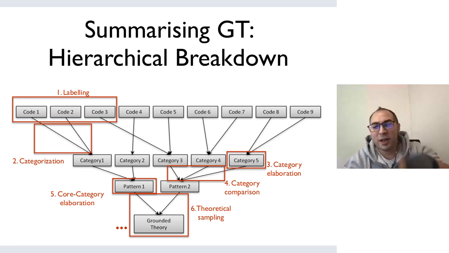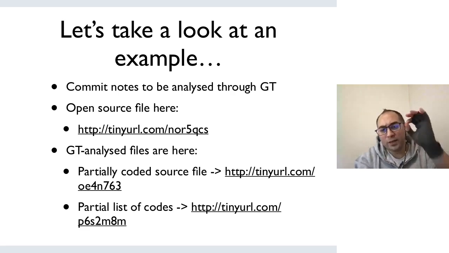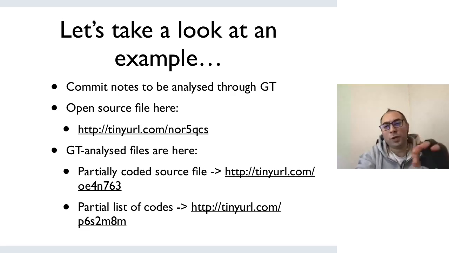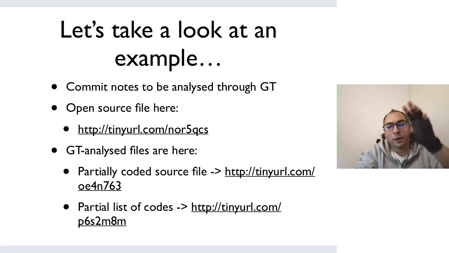Okay, so in summary, this is a whole process. I tried to recap it right here. Just go through and take a look. I do not have time to show the example more practically, but I'm leaving you sources that you can go and take a look at yourselves. In this case, it's commit notes, which have been analyzed with grounded theory. There's an open source file, a partially coded file, and a list of codes with explanations.